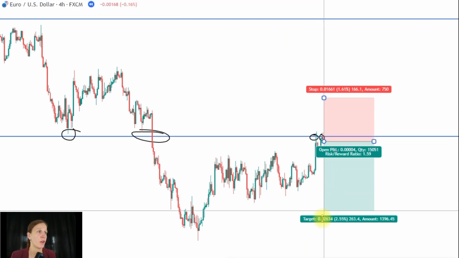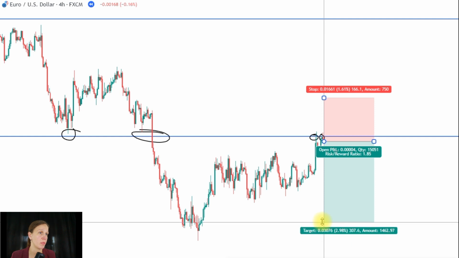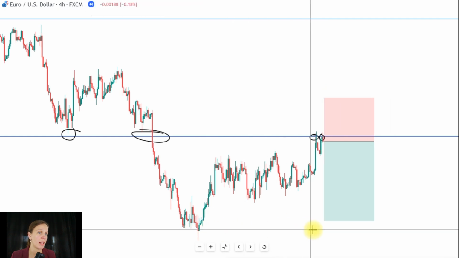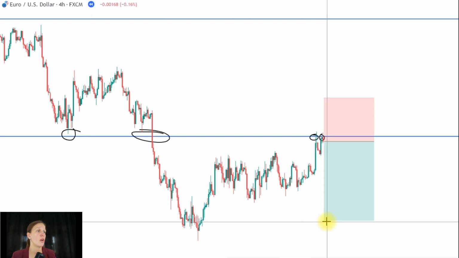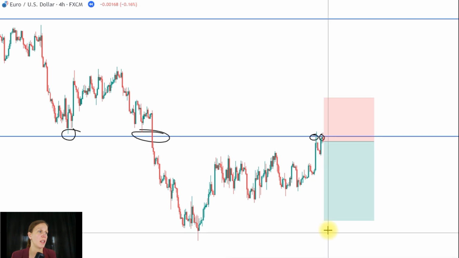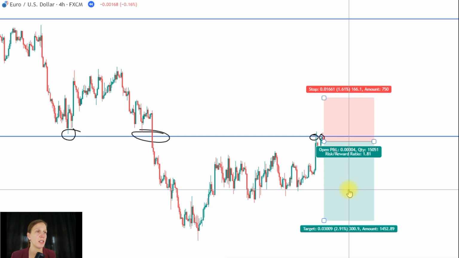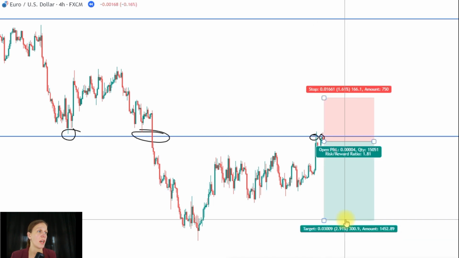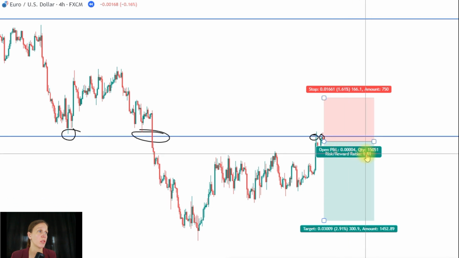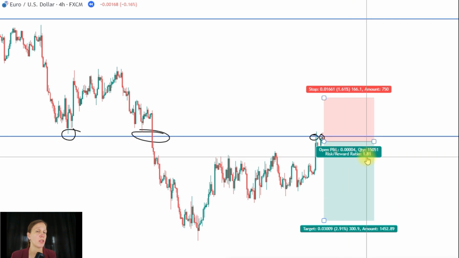And then, of course, the first possible target could be right here in this area where the market has its last low, and the second target at least should be further down since we are still in an intact and ongoing downwards trend. But the first target also has a risk reward ratio of 1.8, so a proper trade with high potential.